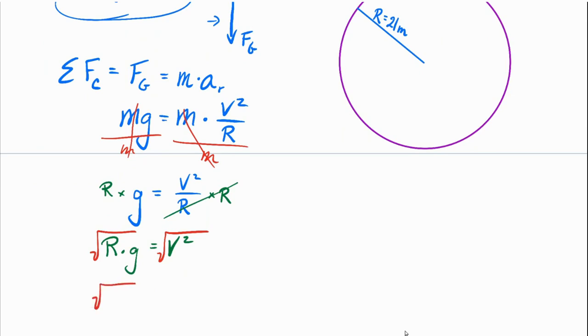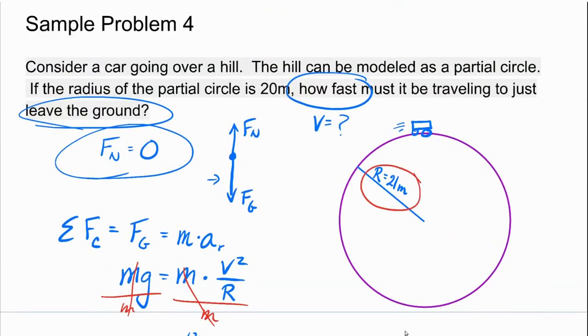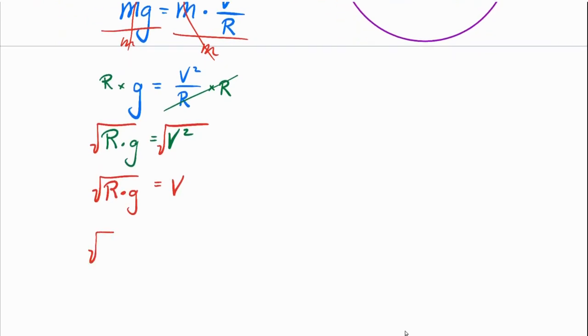So then I'll be left with the square root of the radius times g is equal to my velocity. So my radius is 21 meters and g is 9.8. Type that into my calculator and I get 14.34 meters per second is my velocity. And that's it.